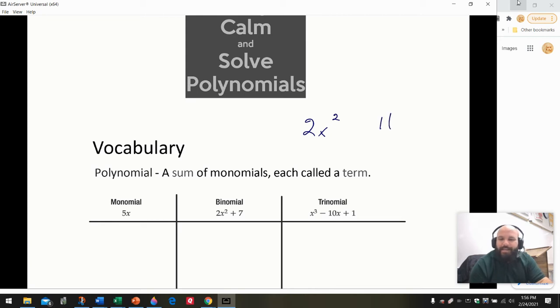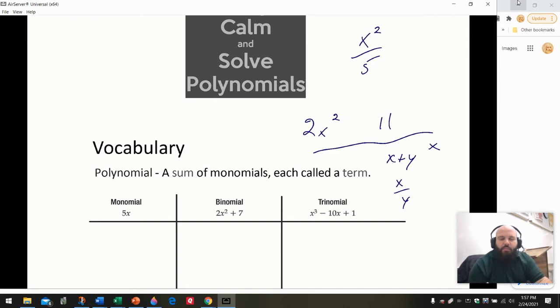Another monomial would be 11, or you could have x squared over 5. That's a monomial. Examples of things that are not monomials: x plus y. So these are not monomials. x divided by y, that would not be a monomial.